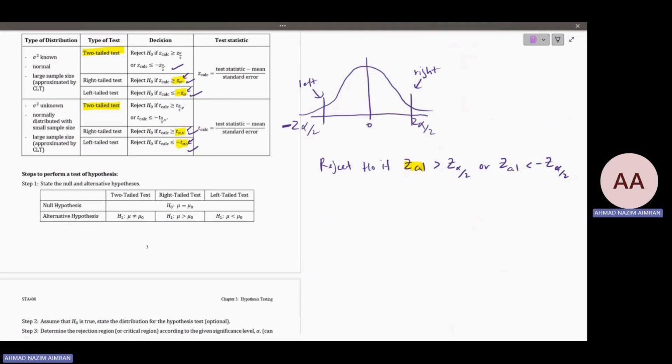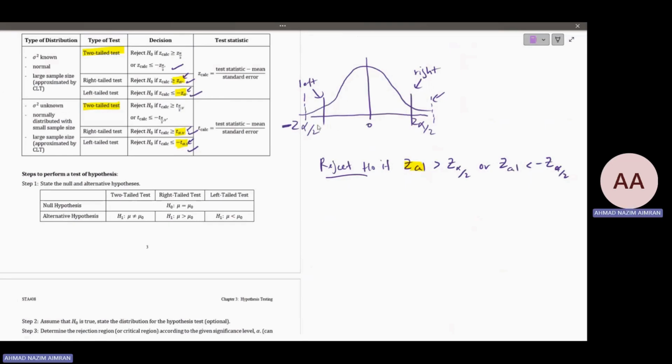If you calculate the Z calculated here and it is greater than Z alpha over 2, let's say this is the value, so we will reject because it falls under the rejection region. The same goes for this one. If the Z calculated is here, less than negative Z alpha over 2, then we will also reject the null hypothesis.